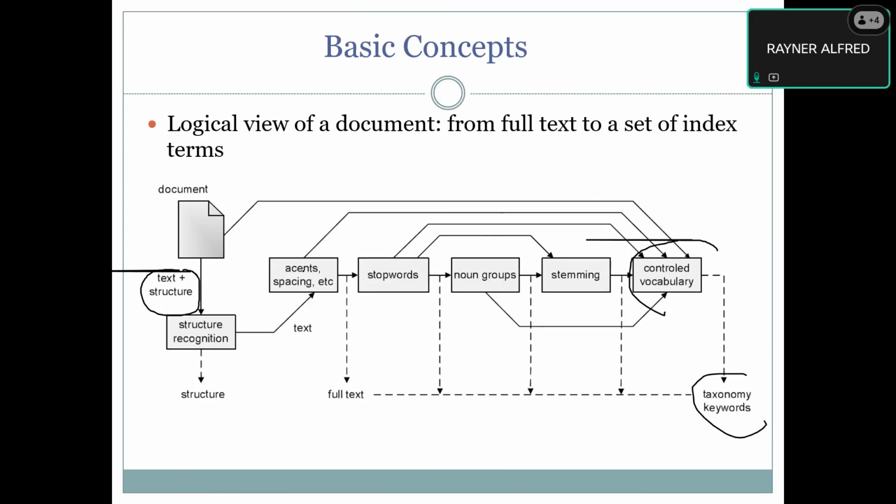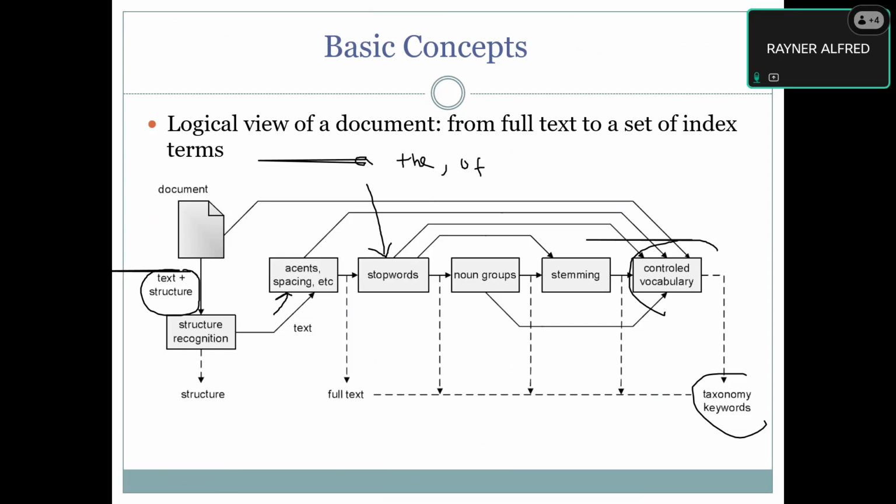For example, we remove the spacing, or we remove all the stopwords. Stopwords refer to all the terms that do not carry any meaning, for example the, of, and so on.